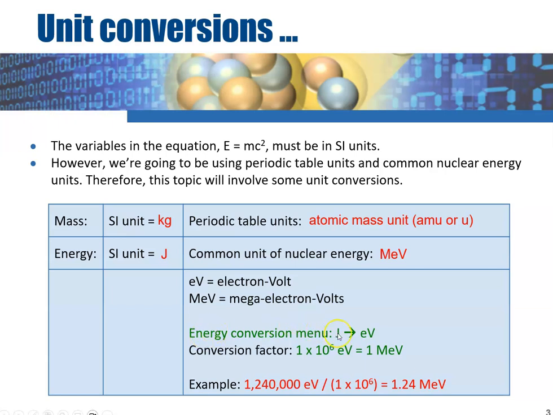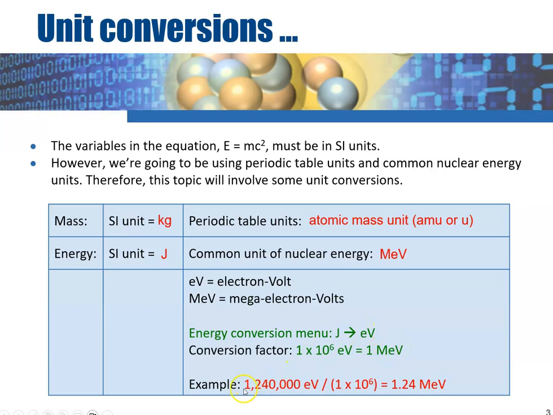You can go from joules to electron volts, but then you're going to have to manually convert from electron volts into mega electron volts. And to do that, 1 times 10 to the 6th electron volts is 1 mega electron volt. So that's a million. A million tiny electron volts is 1 mega electron volt.